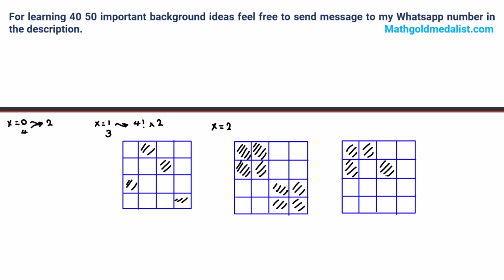And what about this case? We know that in this column we have two blacks, one of them is this, one of them one of these two. By symmetry, you can consider this one. Then in this row, we have two blacks. In this column, we can't have black here, we can't have black here.